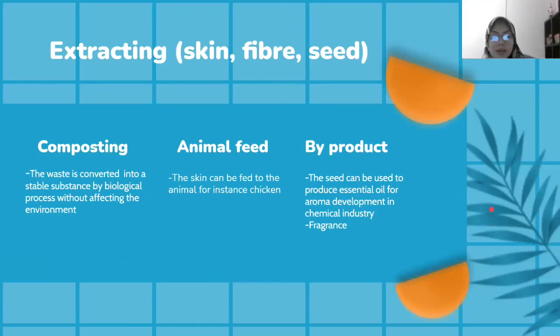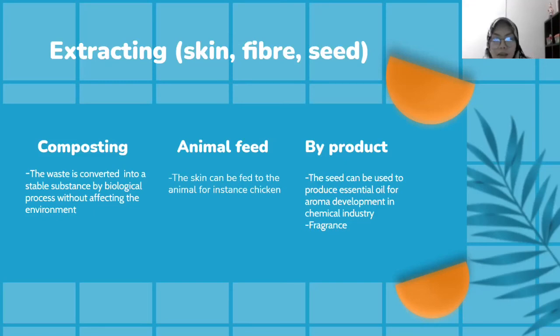Okay, so for the extracting process, there are three products that we produce, which are skin, fiber, and also seed. So the first treatment is composting. The waste is converted into a stable substance by a biological process without affecting the environment.